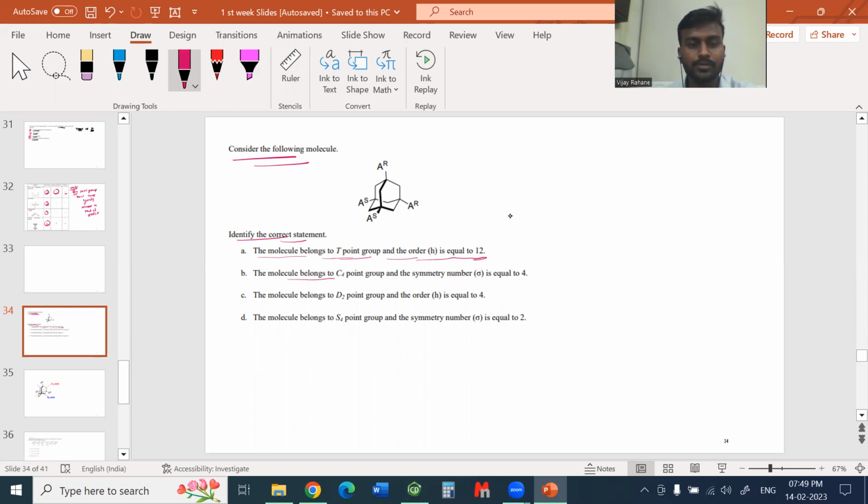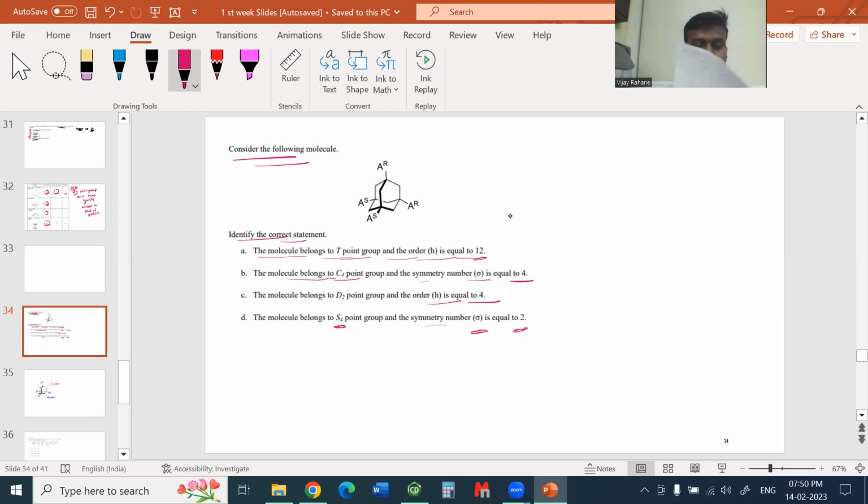Second: the molecule belongs to the C4 point group and the symmetry number is equal to 4. Third: the molecule belongs to the D2 point group and the order is equal to 4. Fourth: the molecule belongs to S4 and the symmetry number is equal to 2. So we need to identify which statement is correct for this molecule.